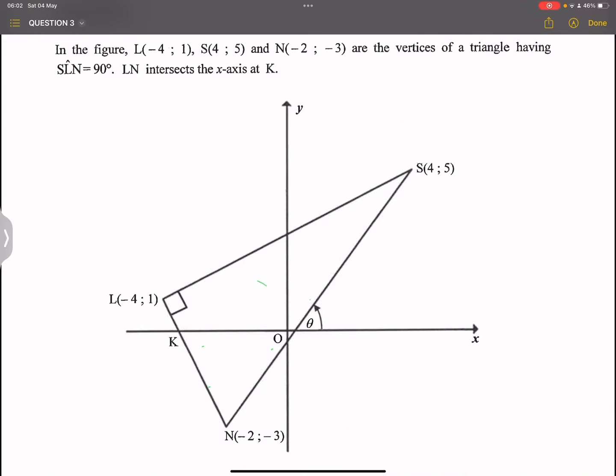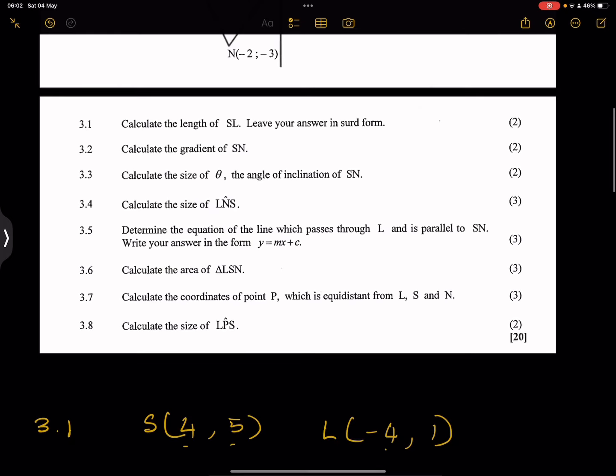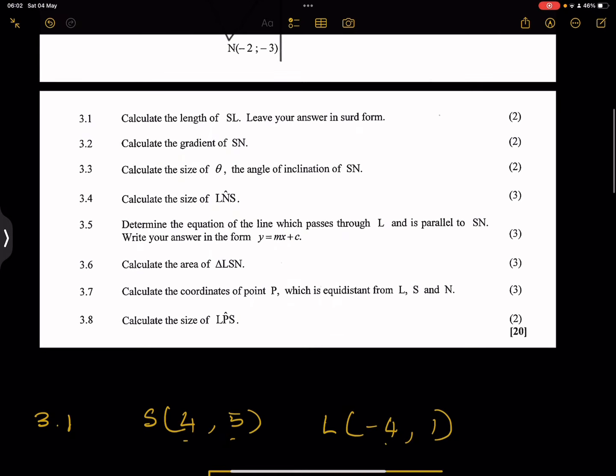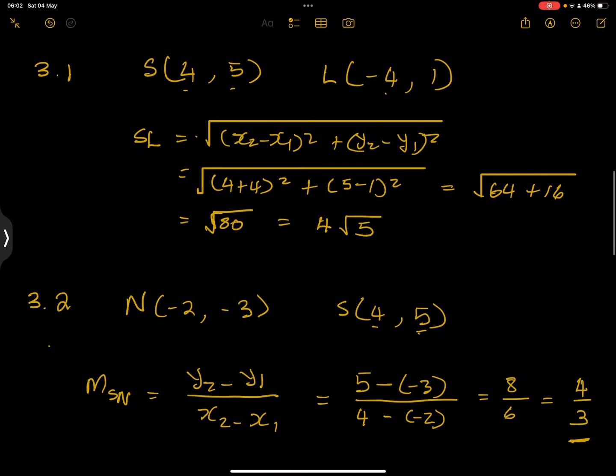What we can do is that we already have the length of, let's see, we know this angle over here, and we know the length of SN. You remember we found it. We can find the length of LN. So the length of LN, yeah, we found SN to be 4√5.